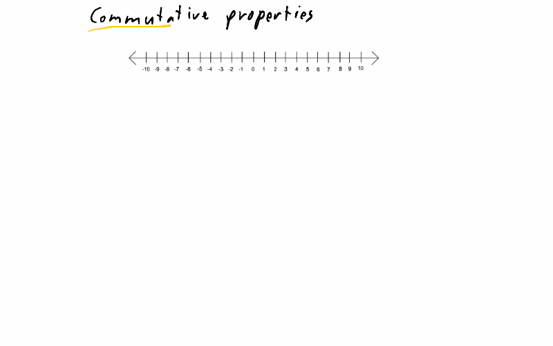For addition, if I write 2 plus 3, we know I have a number line right here. The meaning of that is that I should go 2 units to the right, and when I have finished doing that, I should go 3 more units to the right. Hopefully we all know that gets us to 5. But the question that the commutative property raises is, does 2 plus 3 equal 3 plus 2?